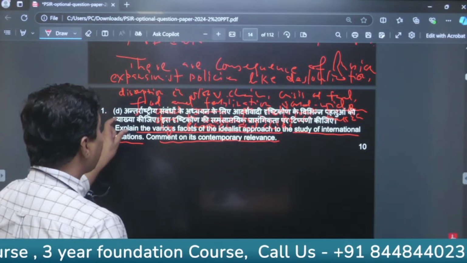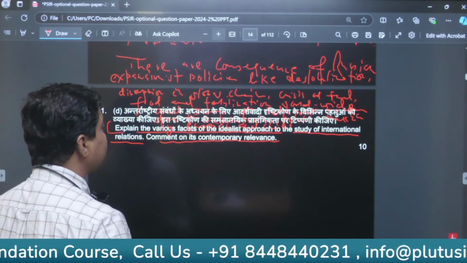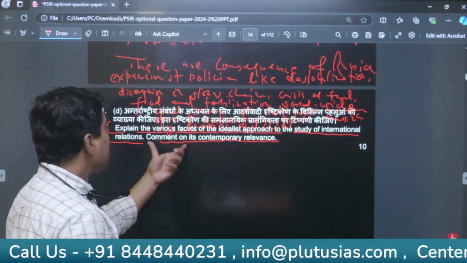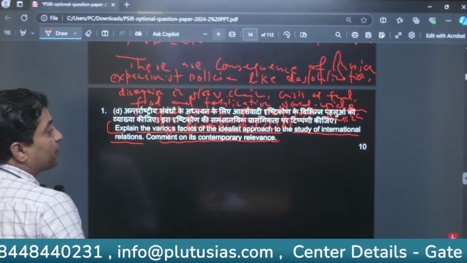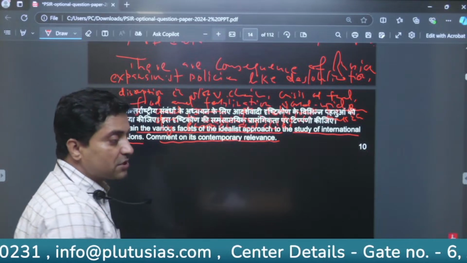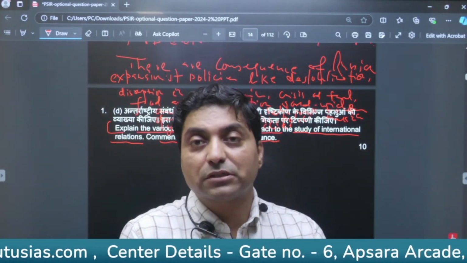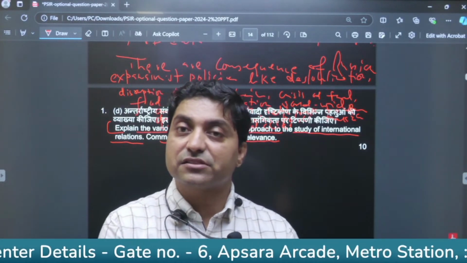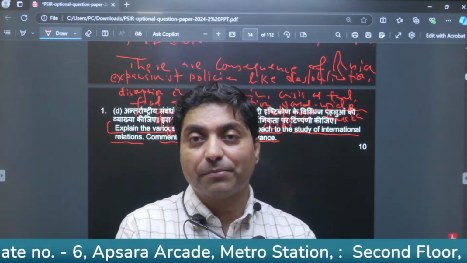So first, in 75 marks you have to explain the various facets of the idealist approach to the study of international relations, and secondly comment on contemporary relevance. Now the idealist approach, forwarded by Woodrow Wilson, talked about the importance of international institution and international law, in order to prevent war and to promote peace and prosperity.